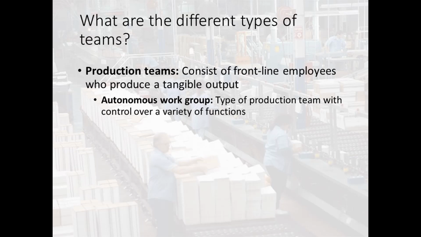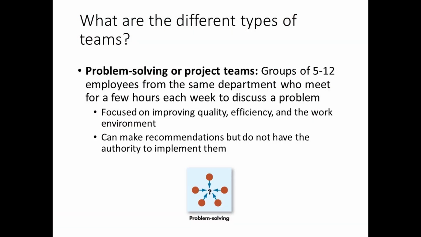They produce and market and sell and source and manage all of the other functions and processes required to bring a product to the shelves, so to speak. Because autonomous work groups are relatively new, we are still learning more about how they work and how they are different from other teams.